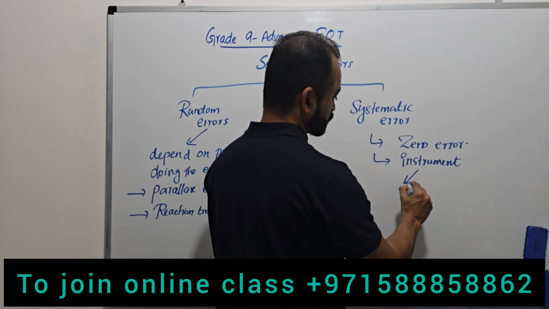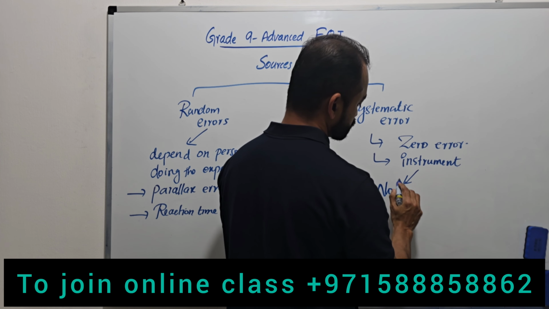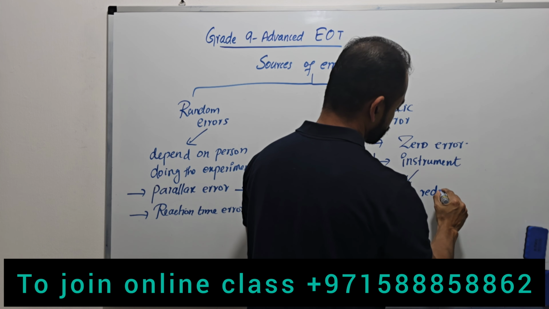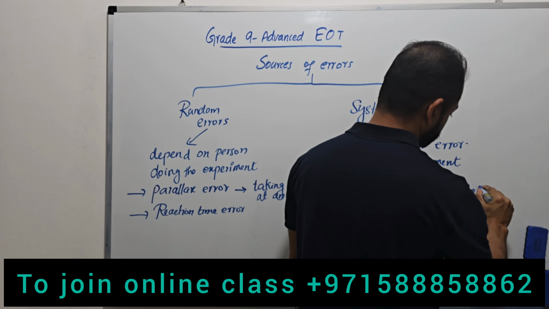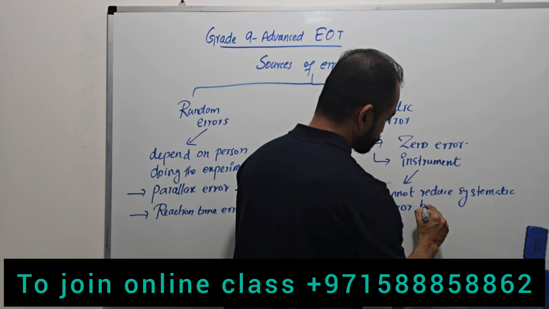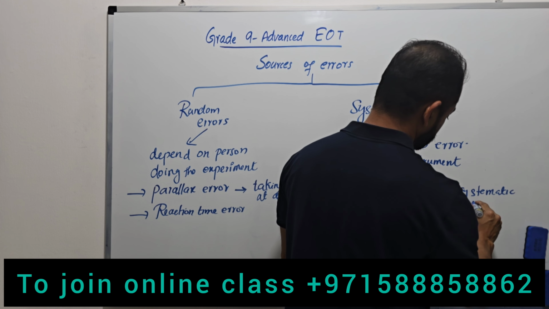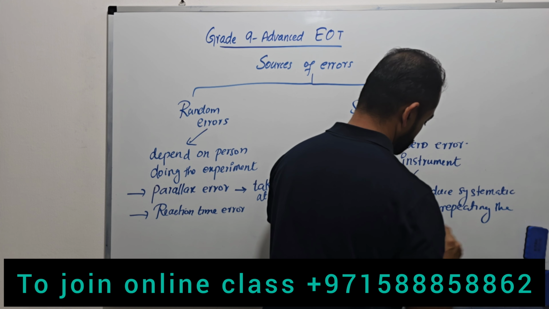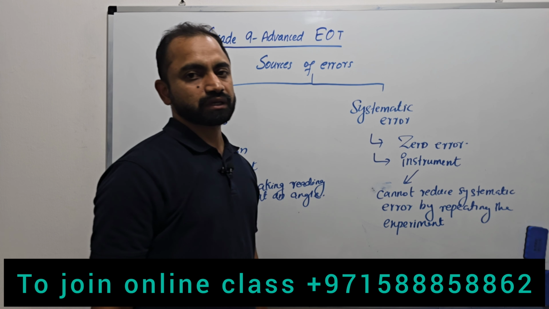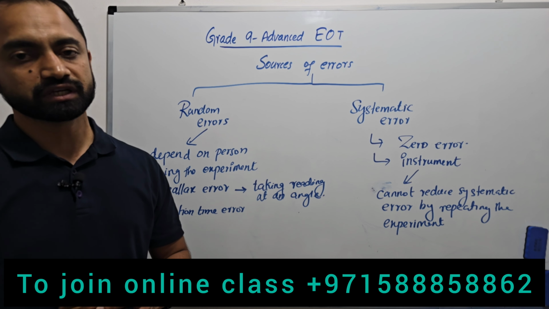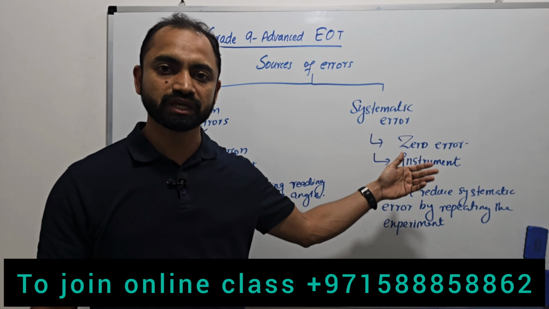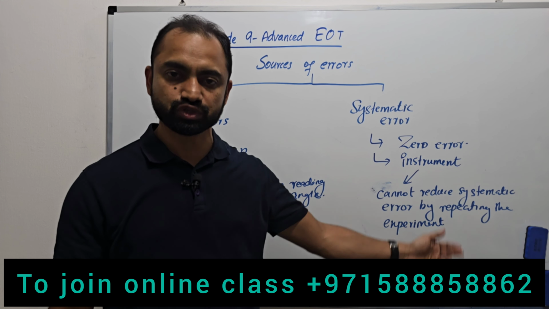No. We cannot reduce systematic error by repeating the experiment, because the instrument that you are using is not correct, right? If you are using the same instrument again and again, you will be getting the same mistake.